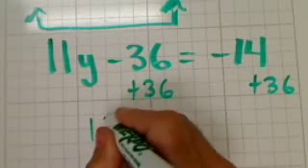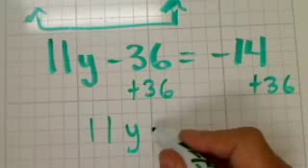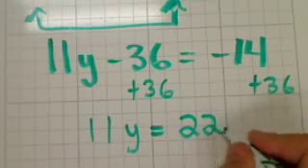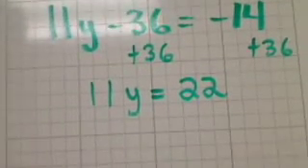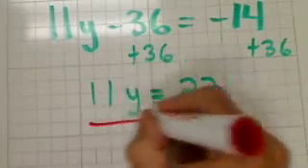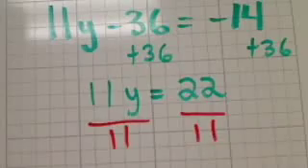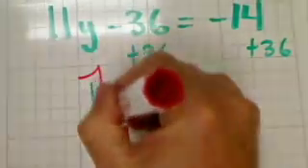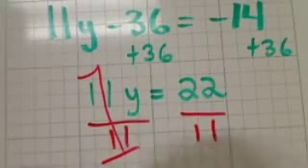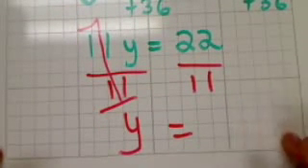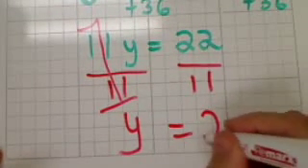I'll have 11y equals negative 14 plus 36, that's 22. I could complete my isolation of y by dividing both sides by 11. 11 by 11 is the same as 1, so I just have 1y, I'll just write y here for that, and 22 divided by 11 will give me 2.